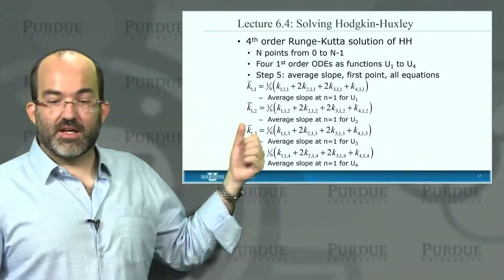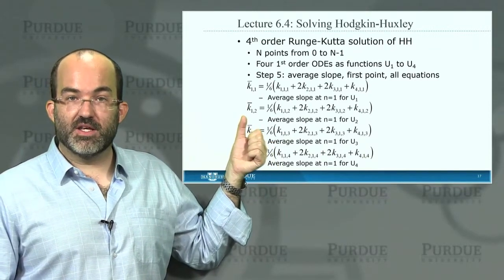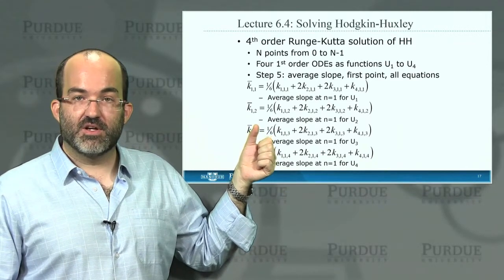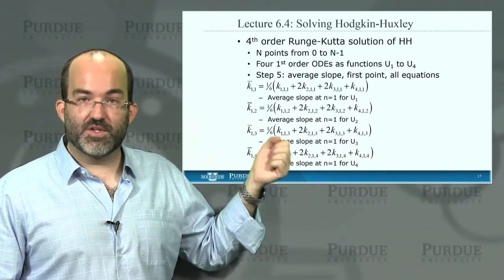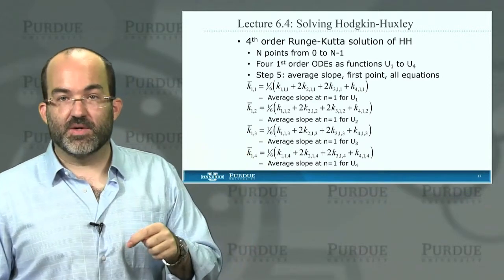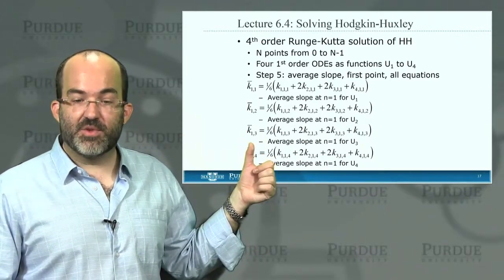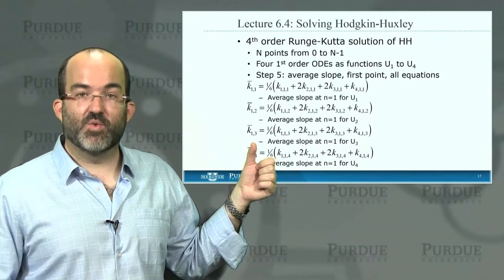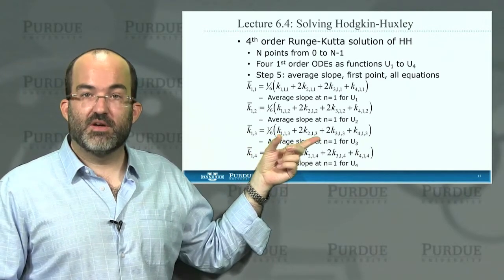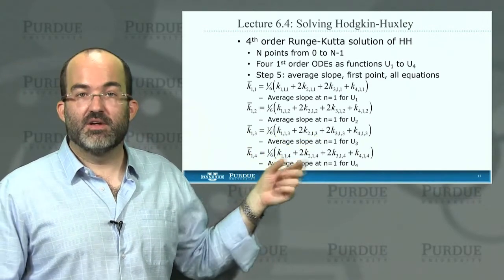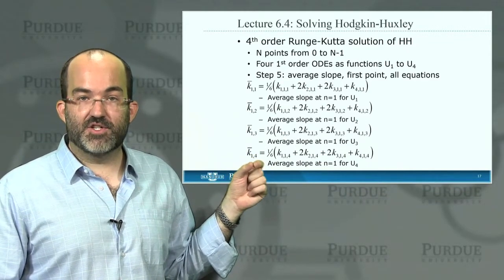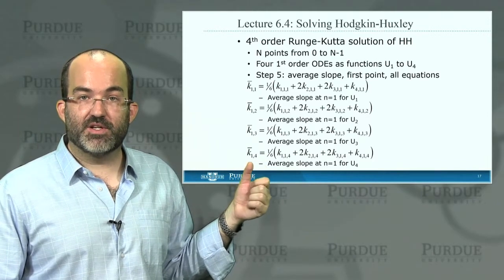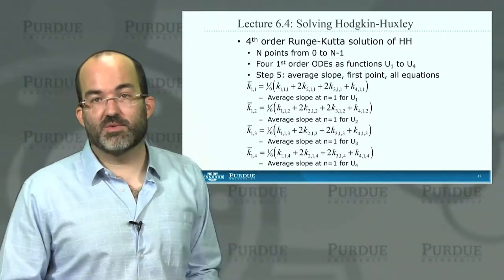Then we calculate k12 bar, which is the average slope at the first point for the second equation, and that's the weighted average of the first, second, third, and fourth slopes at the first point for the second equation. And then we calculate k13 bar, which is the average slope at the first point for the third equation, the weighted average of all four slopes at the first point for the third equation. And then finally, we solve the average k14 bar slope, which is the weighted average at the first point for the fourth equation of the four slopes we had for that equation.